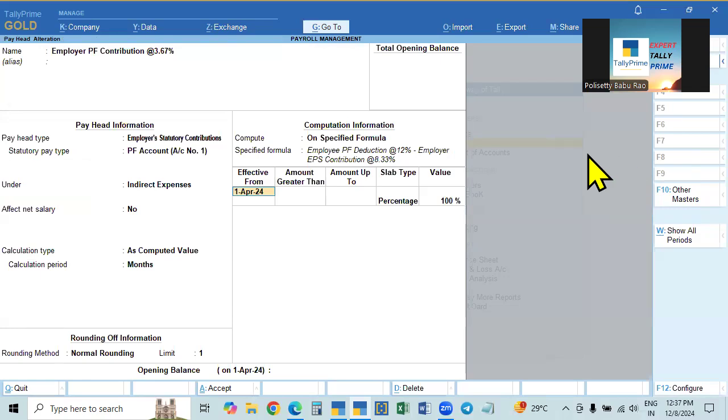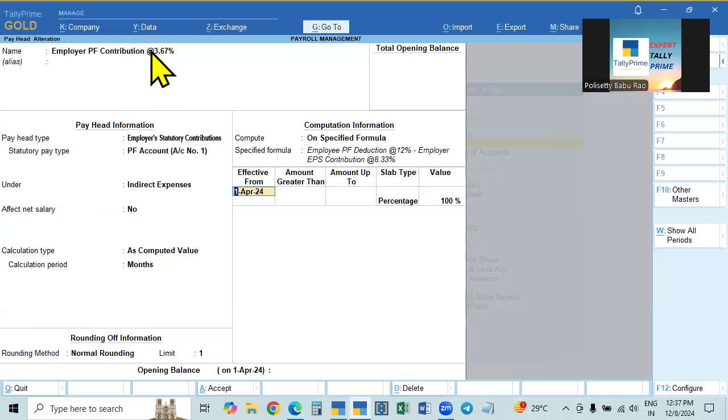Whatever it may be, it will come. That limit will be applicable when you are calculating 12%. And when you are calculating 8.33%, from the 12% calculated amount, if you deduct the 8.33% calculated amount, the difference in amount will be 3.67%. So that 3.67, you must be very careful.